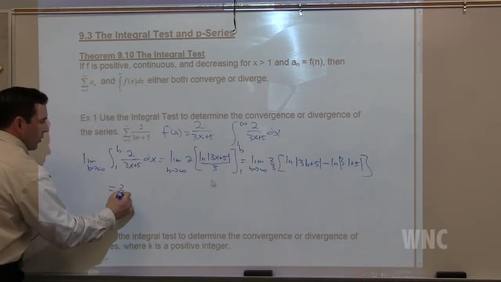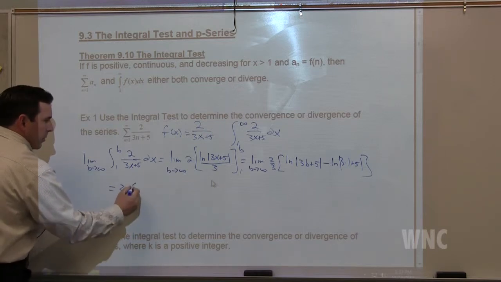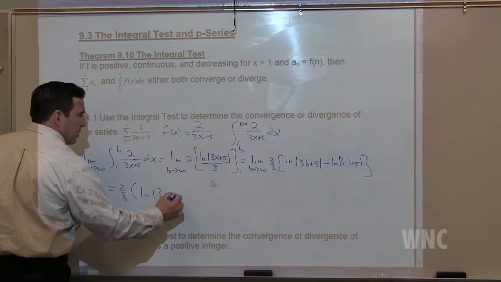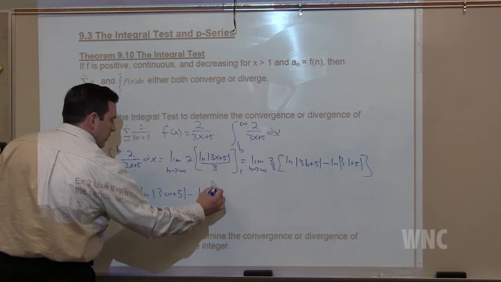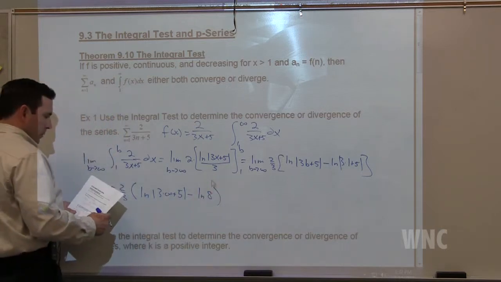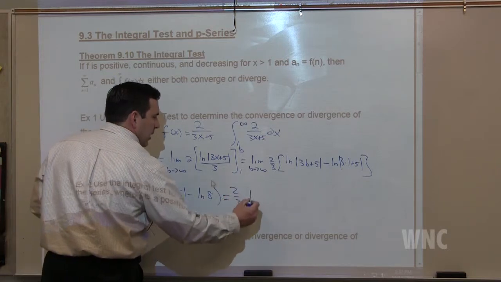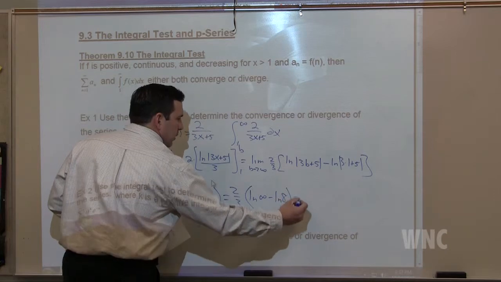So we have 2/3 times, and if I plug in infinity, it's going to be the natural log of the absolute value of 3 times infinity plus 5, minus the natural log of 8. That's going to be 2/3 times the natural log of infinity minus the natural log of 8, which is infinity.